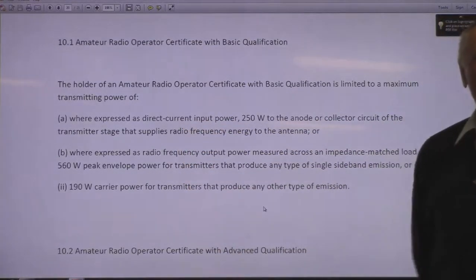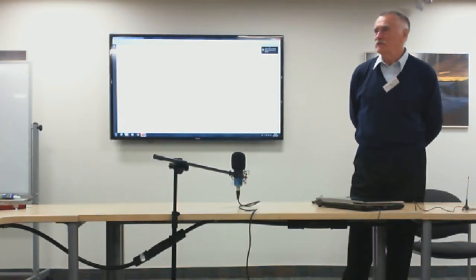The definition of input power is whatever DC power is being delivered by your power supply to your transmitter. So if you have 250 watts, say 25 volts and 10 amperes is being drawn by your ham radio, then 250 watts is flowing to your radio.